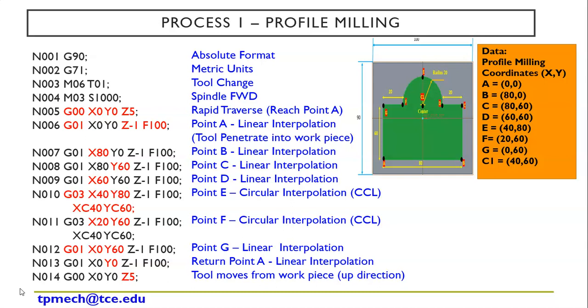For example, for G00 you need to mention the X value, Y value, Z value alone. No need to mention feed. For G01, you need to mention X, Y, Z as well as feed. G03 is for counterclockwise circular interpolation, G02 for clockwise circular interpolation. Right, this is the profile milling. So in the drawing you need to draw. Right, the next.